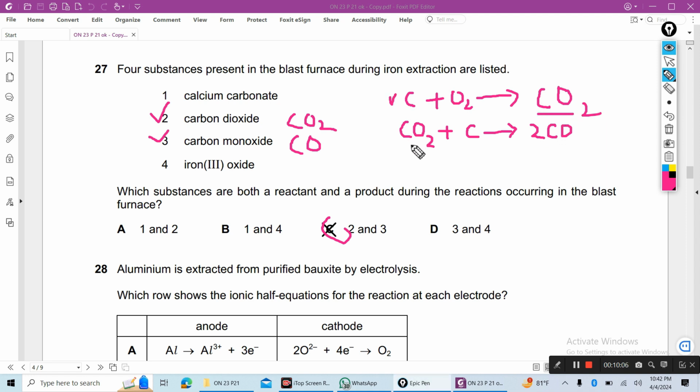So carbon dioxide is the answer. Then why carbon monoxide? Because in the second reaction carbon monoxide is the product, and this carbon monoxide reduces iron 3 oxide to molten iron plus carbon dioxide.